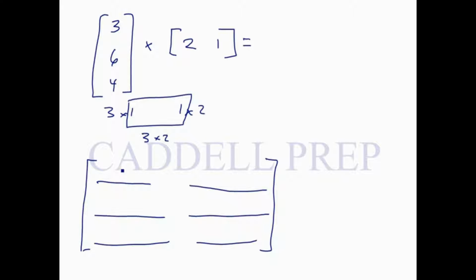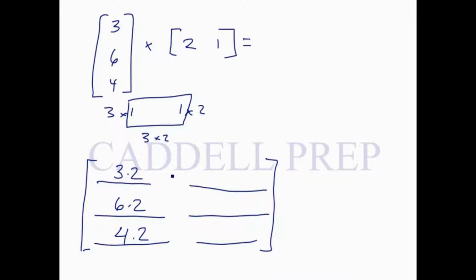So it's just going to be 3 times 2. This one is the second row and the first column, so we'll multiply this second row, the 6, by this first column, 2. Okay, now for this one we have, this spot is the third row, first column, 4 times 2.